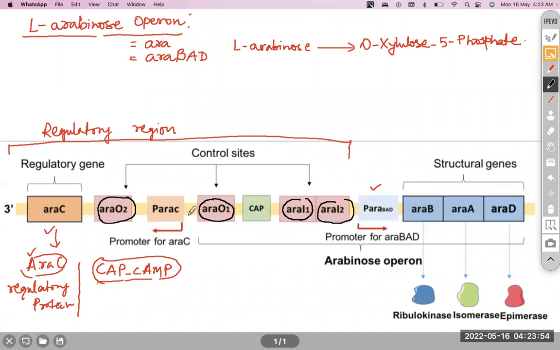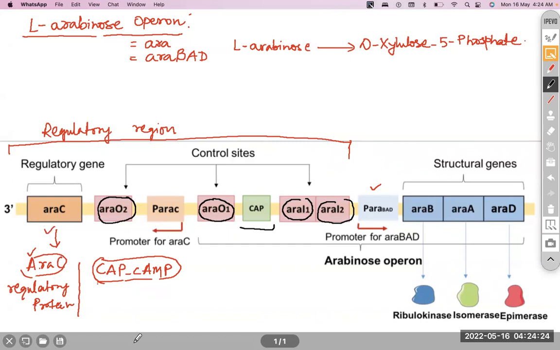In addition to these four sites, there is a CAP binding site. Here CAP cyclic AMP complex binds to this site. And there are two promoter regions, one promoter for araBAD genes, and this promoter P-araC, the promoter for araC.